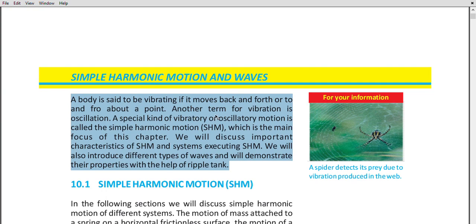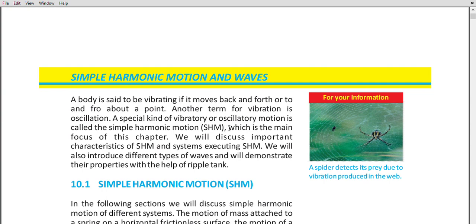A special kind of vibratory or oscillatory motion is called simple harmonic motion, which is the main focus of this chapter. So simple harmonic motion is a vibratory motion, but of a special type. And why it is called special, I'll tell you by the definition.